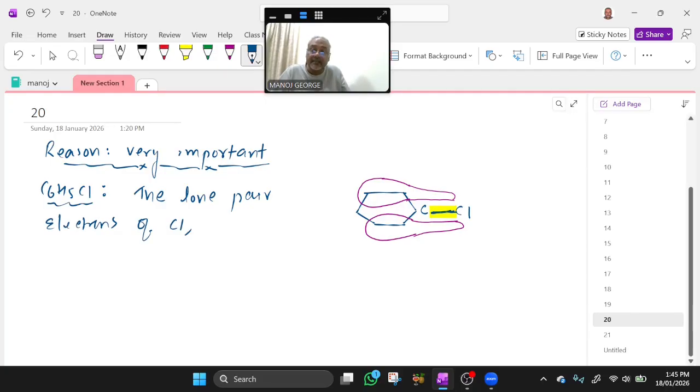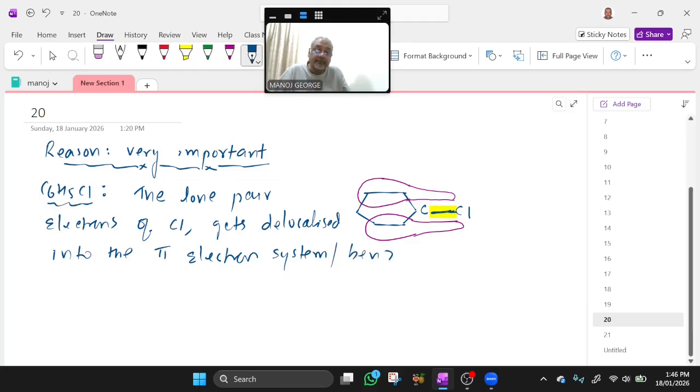of Cl gets delocalized into the pi electron system, or you could say benzene ring.